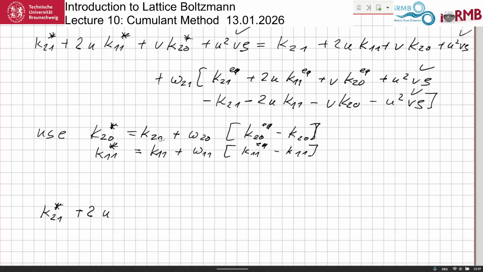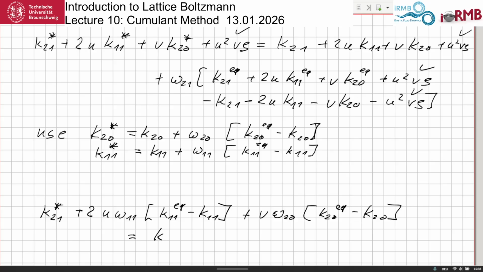So I'll not write this down because I'm already canceling these against each other. I'll end up only having the remainder, which is this here, and on the other side, these two last lines. So I'll end up with omega 11 (K11 equilibrium minus K11) plus V omega 20 (K20 equilibrium minus K20), and this being equal to K.